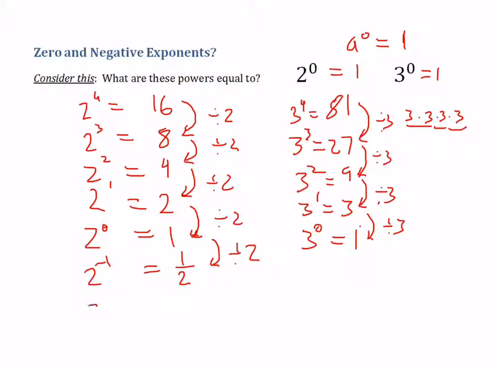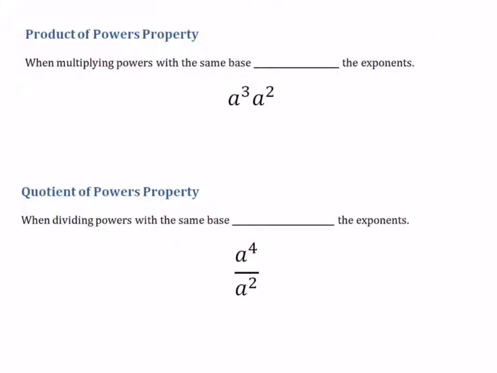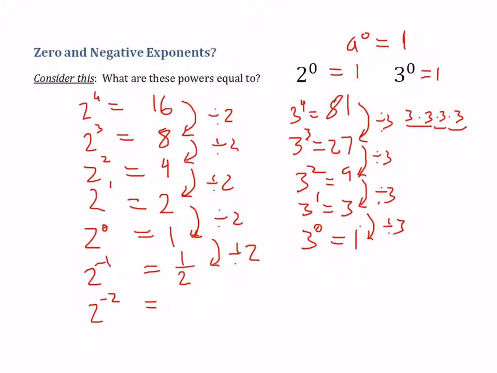What about 2 to the negative 2? Let's keep it going. Well, if we divide 1/2 by 2, we get a 4th. 1/2 divided by 2 is a 4th. And 4, which we noticed up here, 4 is just 2 to the second.